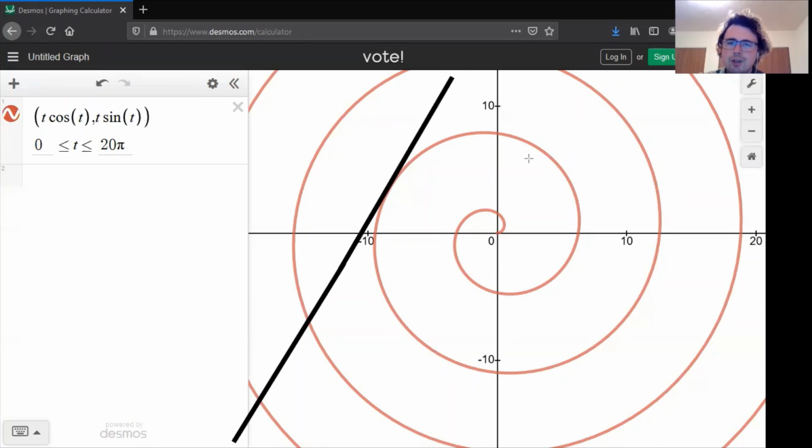Tangent line should intersect the function at a specific point. I'll put a star on it. Then the tangent line should match the slope of the curve. And that's where I seem to be running into trouble here.